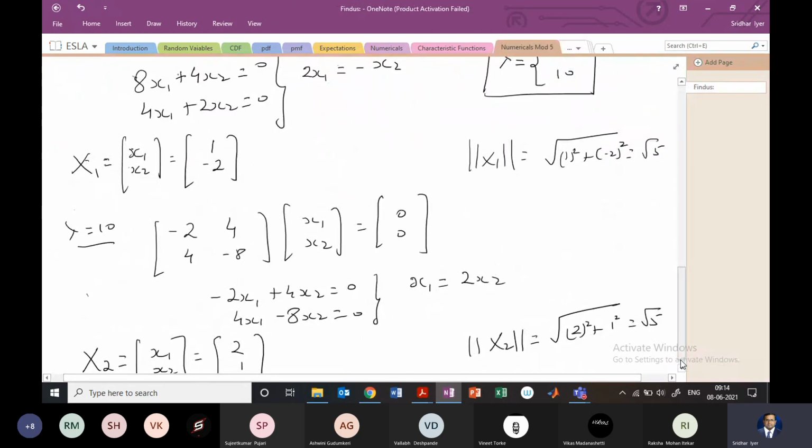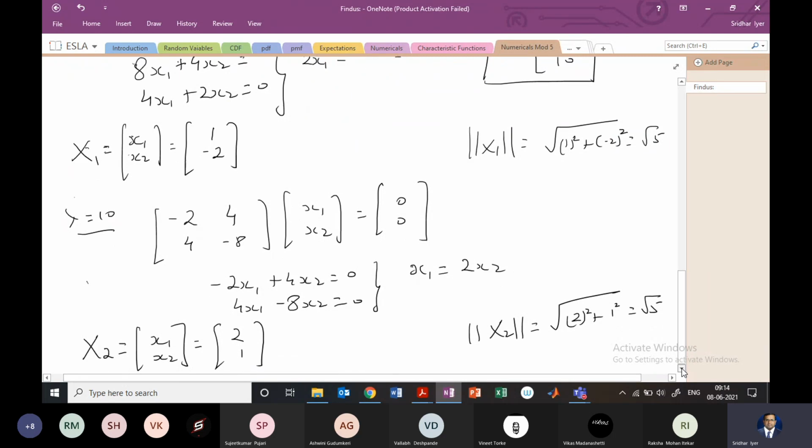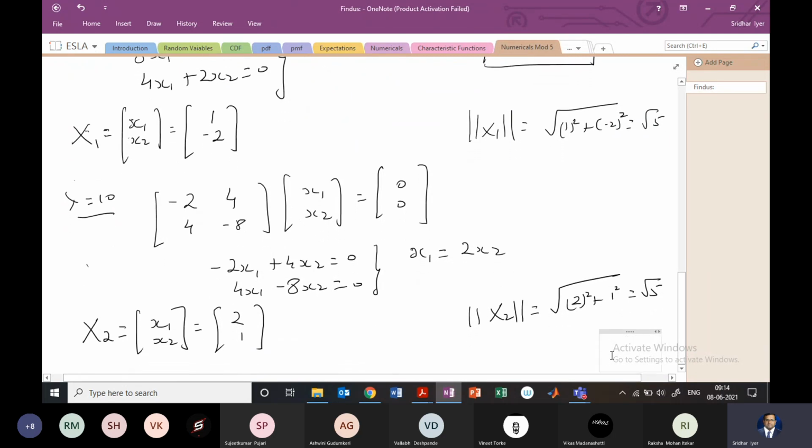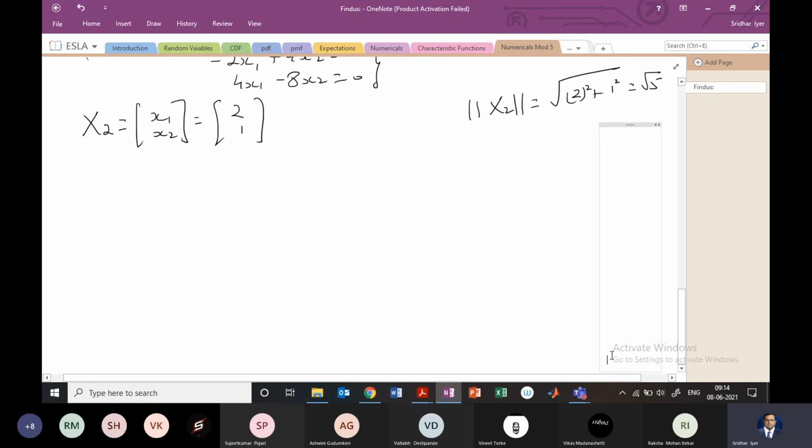we have already found x1 and x2 and the magnitudes of x1 and x2, right? So now we can proceed to find u, v and the diagonal, right? So firstly we can directly write the diagonal, which is sigma 1, 0, 0, sigma 2. Sigma 1 is root of 0, which is just going to be 0.